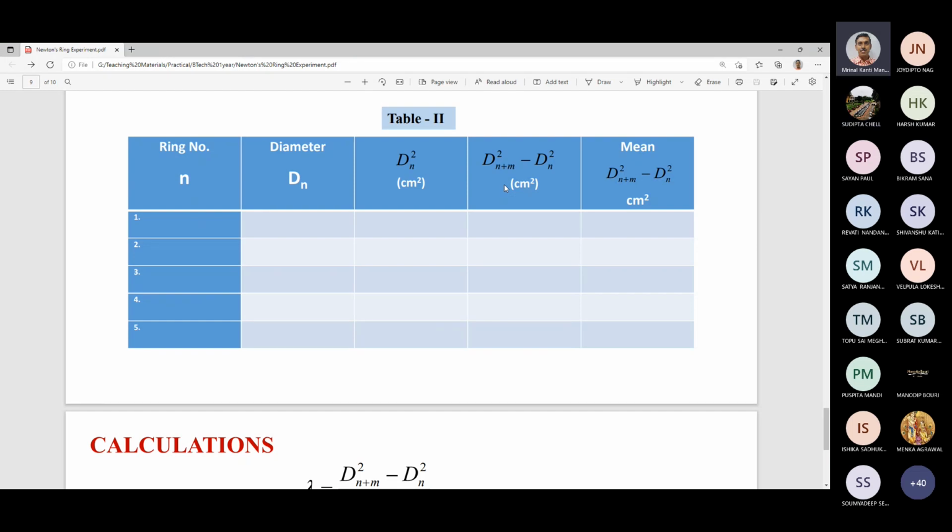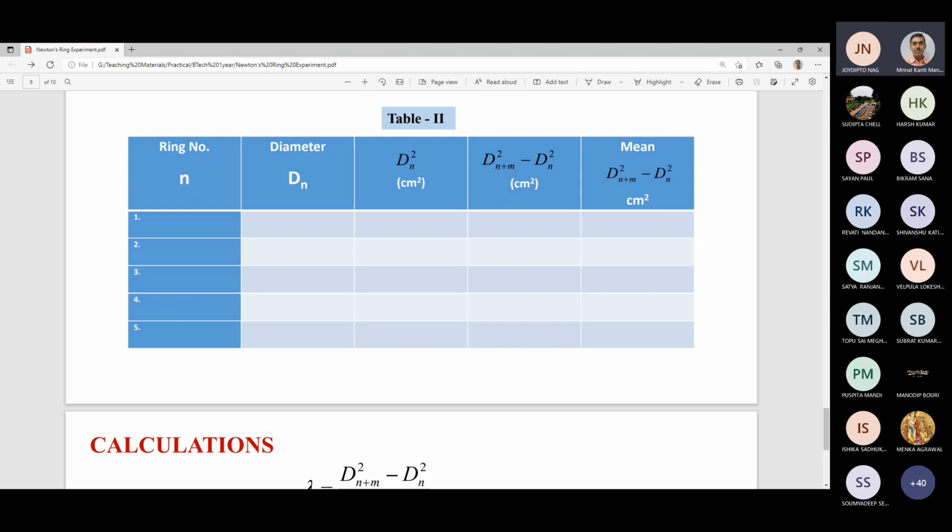Then for the second one, the difference is d6 square minus d3 square. Then for the third ring, you take the difference d7 square minus d4 square. Can you understand? Yes, sir.